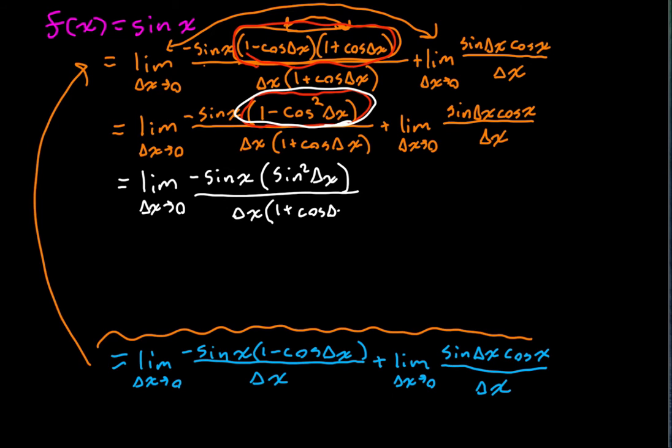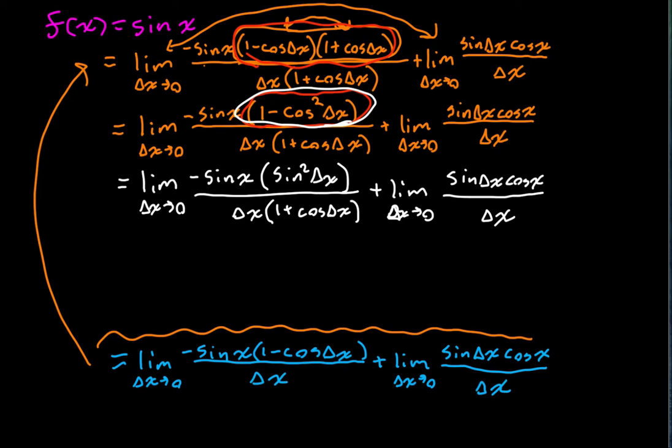And we're almost there. We're so close. And then we're adding the limit as delta x goes to 0 of sine of delta x cosine of x divided by delta x.